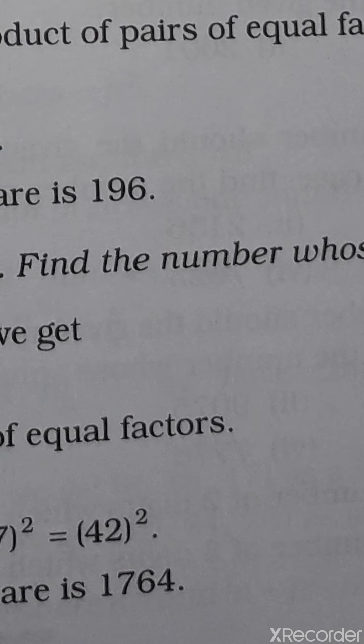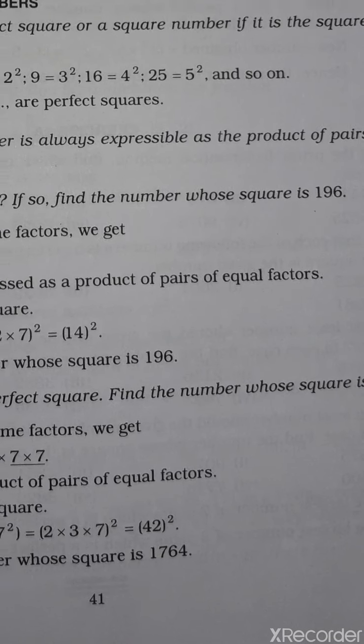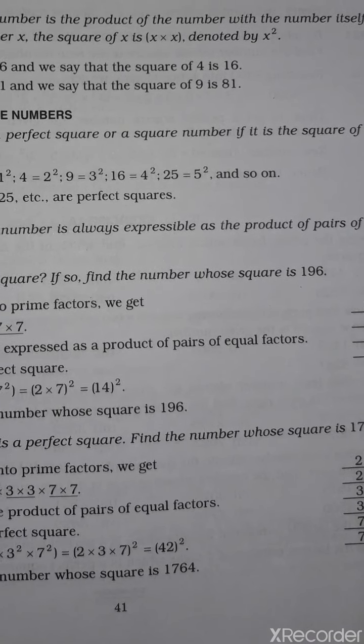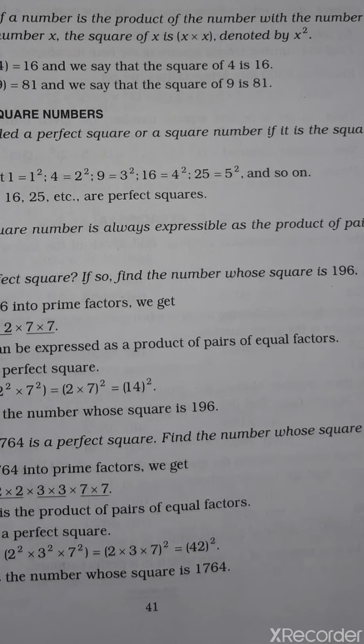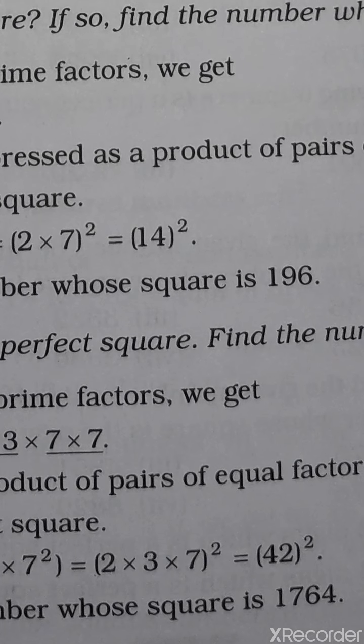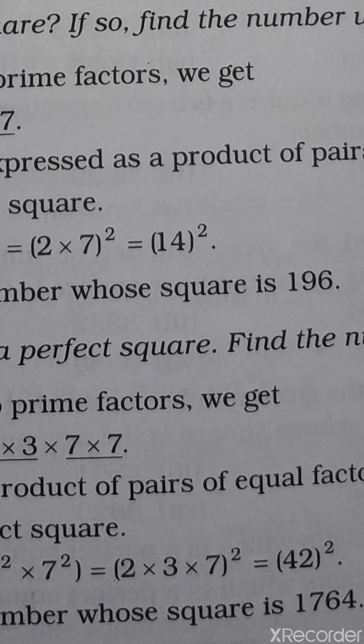Thus we get the prime factorization of 1764. Now 1764 can be written as the product of 2 multiplied by 2 multiplied by 3 multiplied by 3 multiplied by 7 into 7.